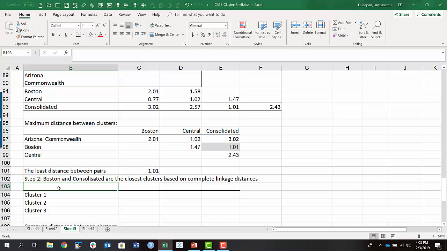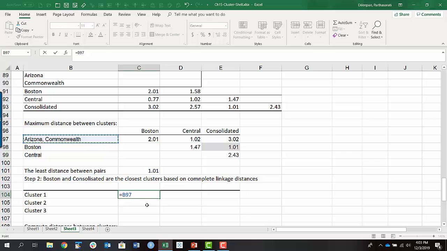Okay, so cluster 1 is that, cluster 2 is Central, cluster 3 is Boston and Consolidated.